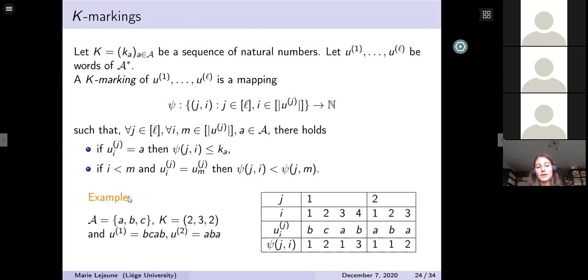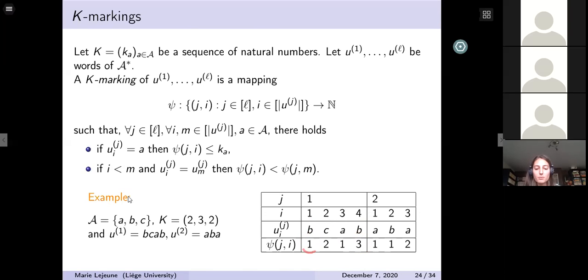And the second rule says that if I look at a given word and two occurrences of the same letter, so for example, B here and B here, the function has to be increasing. So I have 1 and 3.